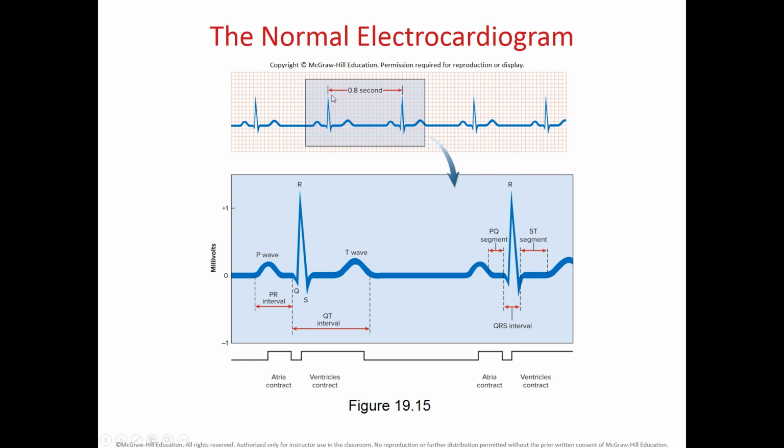So if you count the number of big squares in between the two R's and you divide 300 by them, you will get how many beats per minute you have. So for instance, if you find in an EKG 4 big squares in between two R waves, that means that you have 75 beats per minute, because if you divide 300 by 4, that will give you 75.